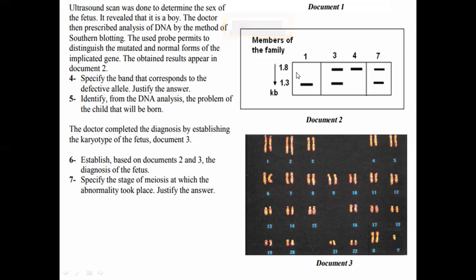They said specify the band that corresponds to the defective allele. What is the meaning of defective allele? Here they mean the allele causing the abnormality, the mutated one. They said specify and justify the answer, so sure you have to justify.